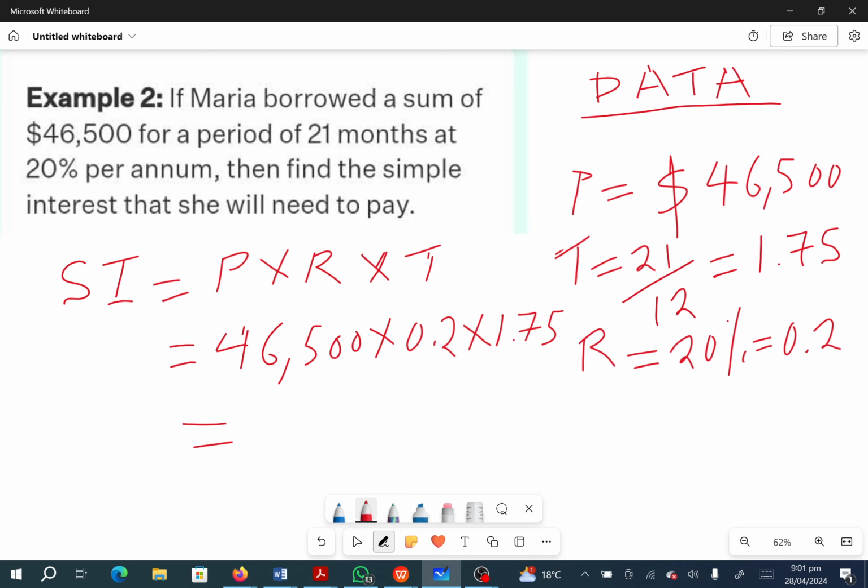When you get your calculator, you just compute it the way it is, and it gives you this as your final answer, which is 16,275.